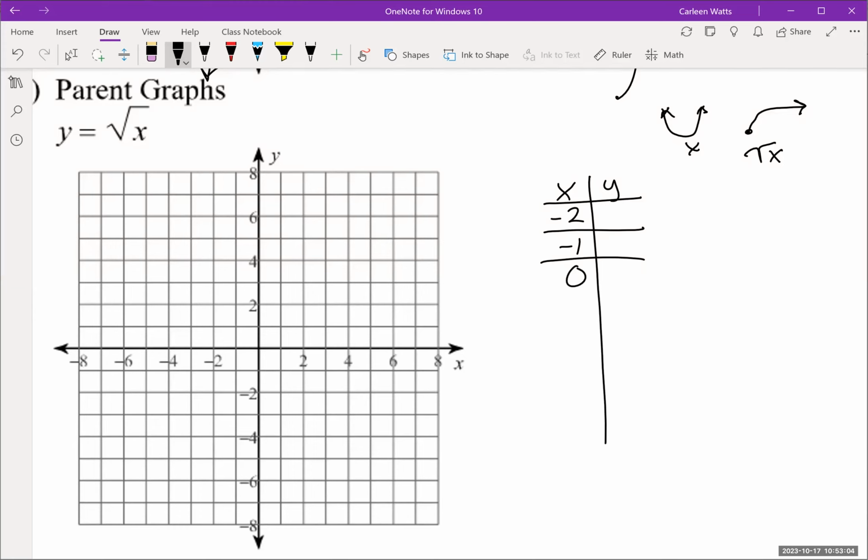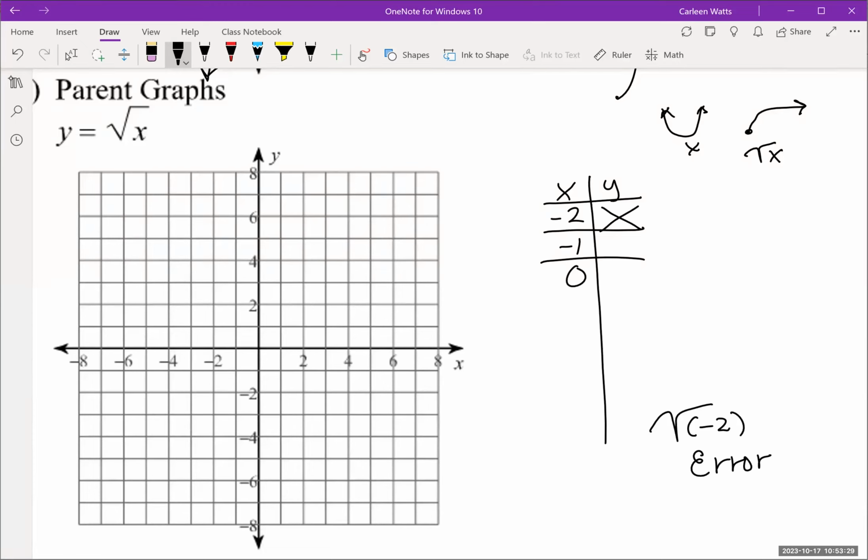Okay. So with your calculator, square root of negative 2 should give you error. It is not a real number. It turns out to be imaginary. We'll talk about that in a month. There is no number that you can square and get negative 2.